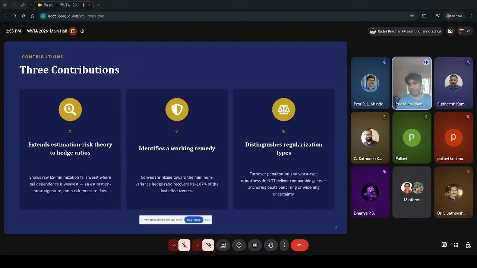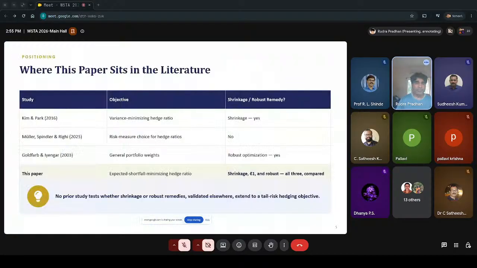And the third scenario distinguishes regularization types: turnover penalization and worst-case robustness do not deliver comparable gains, instead penalizing or widening the uncertainty.